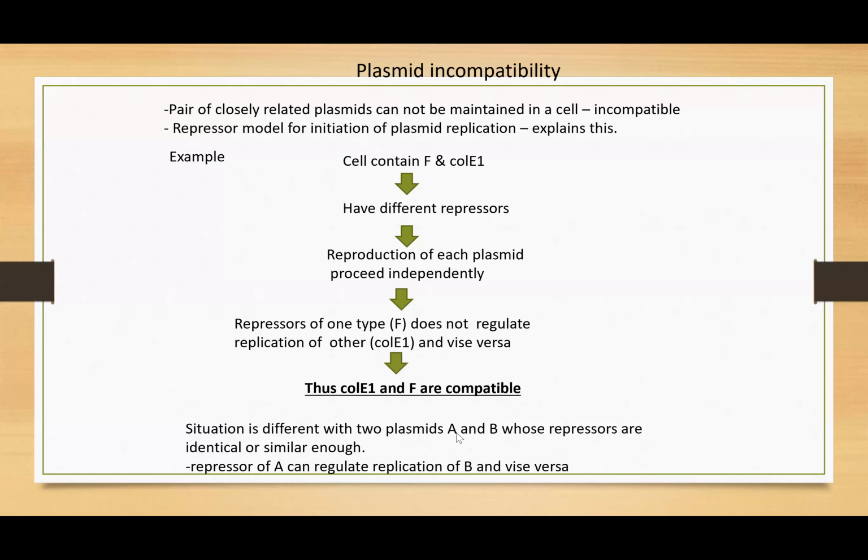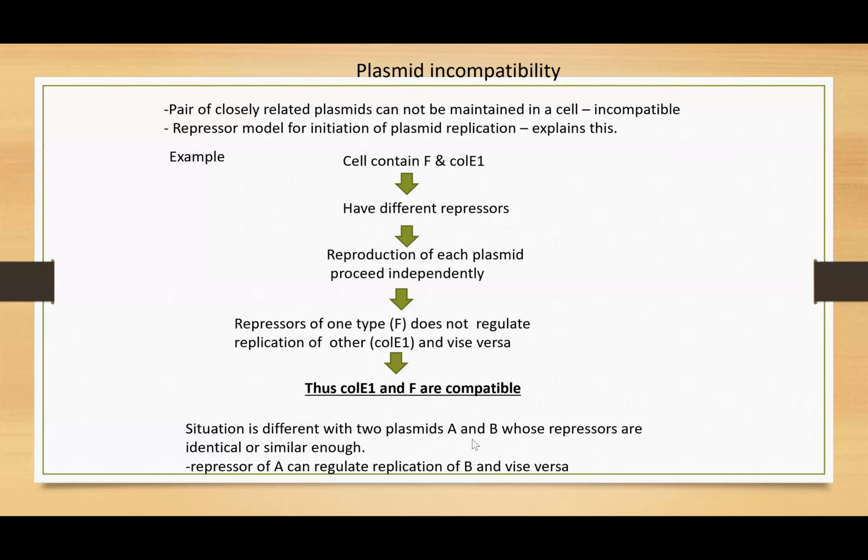So their repressor is similar or identical. In that case, the repressor of A is going to regulate the replication of B and vice versa, and that's where the interference comes. A's repressor is going to interfere with B's replication and B's repressor is going to interfere with A's replication.